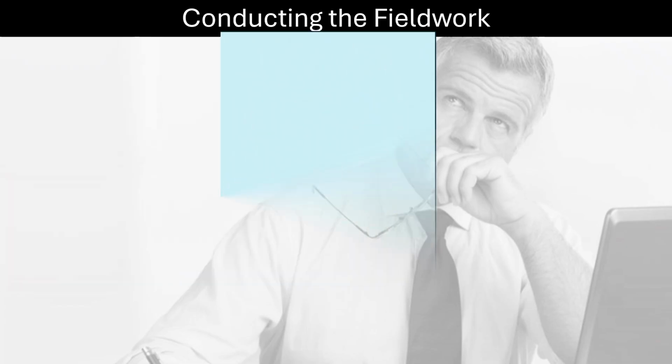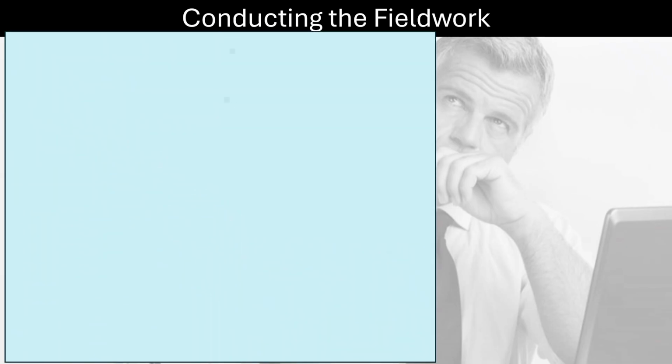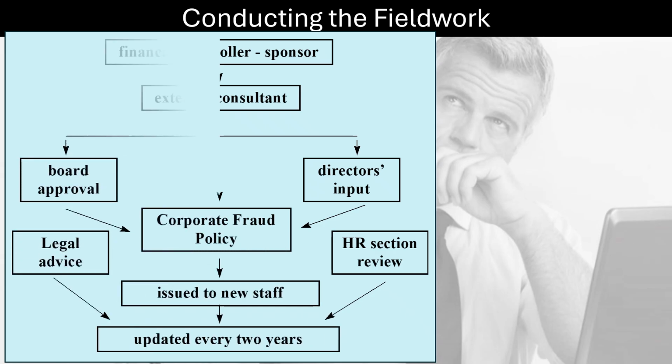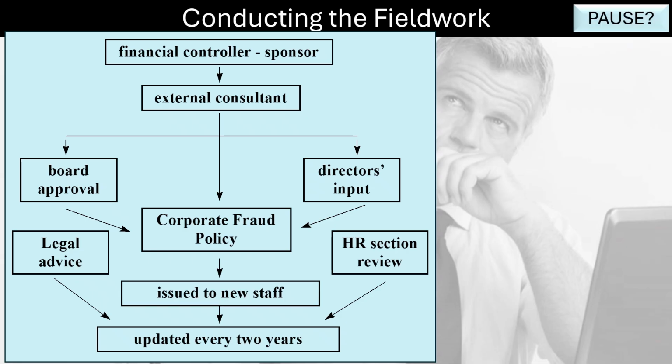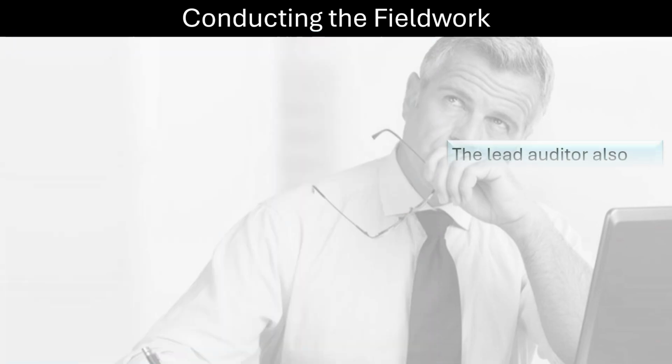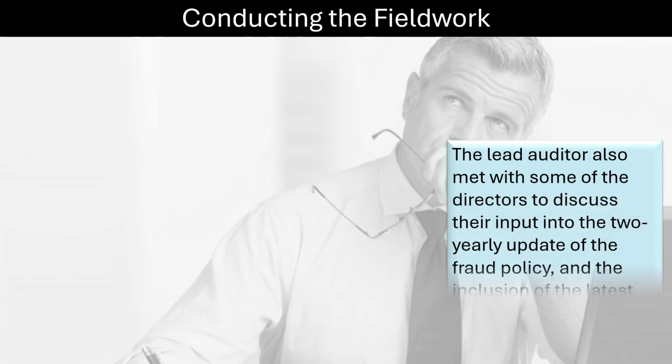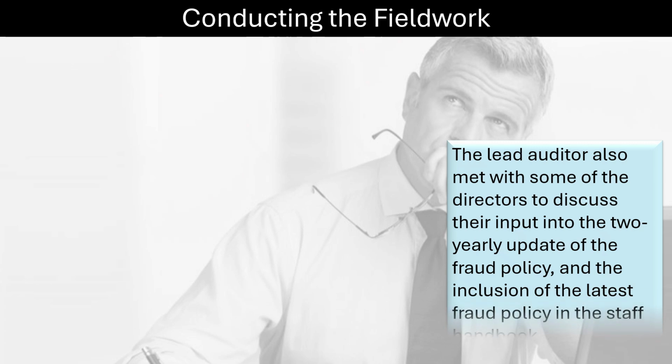The formulation of the policy and updating procedure was described by the financial controller and documented by the auditor as a simple diagram. The lead auditor also met with some of the directors to discuss their input into the 2-yearly update of the fraud policy and the inclusion of the latest fraud policy in the staff handbook issued online to all new staff.